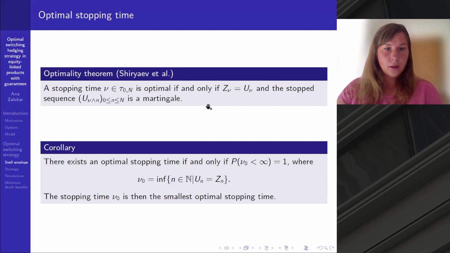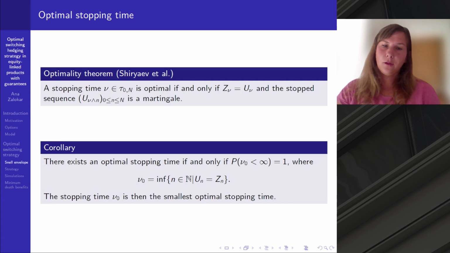And even further on, the corollary gives us that there exists an optimal stopping time if and only if this mu zero is finite, where this mu zero is the smallest of all n's where Un equals Zn. So the stopping time mu zero is then the smallest optimal stopping time.